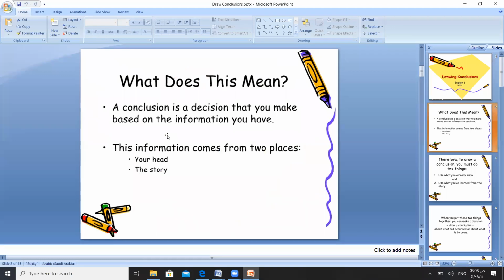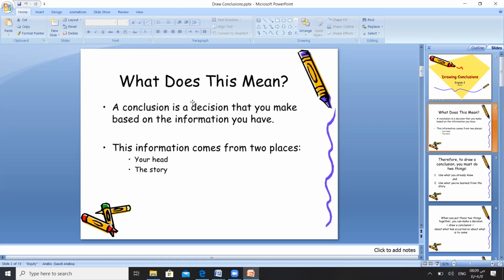So again, drawing conclusion. When you are making a conclusion, the conclusion is a decision you make. How will you make this decision? You will make it based on your information about the subject, or about anything.